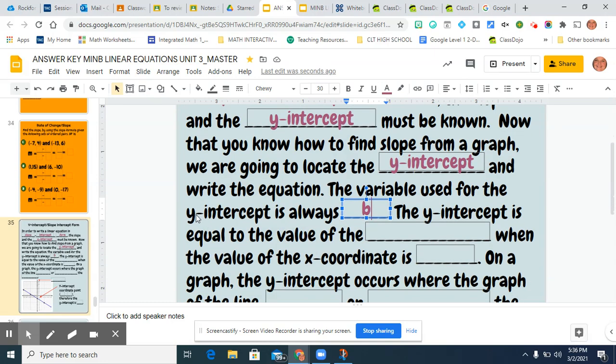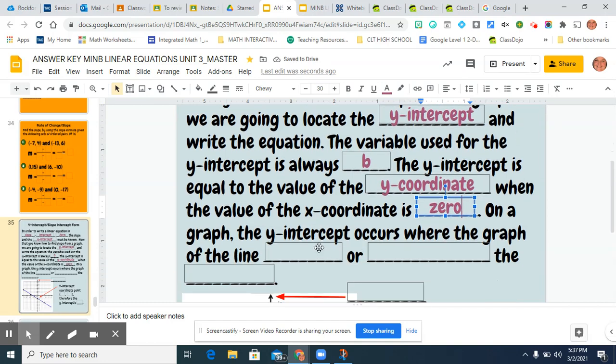Think about intercept and slope, b and m, in alphabetical order. The y-intercept is equal to the value of the y-coordinate when the value of the x-coordinate is 0.